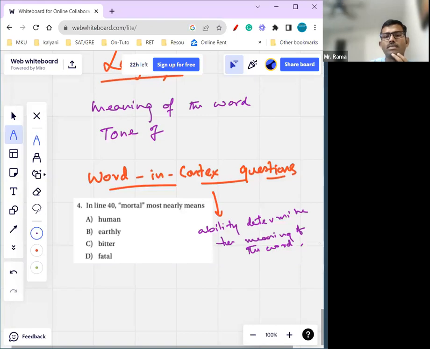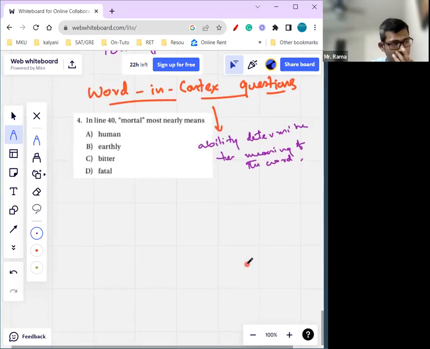So, sometimes, let's say decline, okay? Maybe in the last passage, we talked about one word called decline. So it says, in line blah, blah, blah, what does the word decline most nearly mean? If I see this, this word is not really challenging, right?